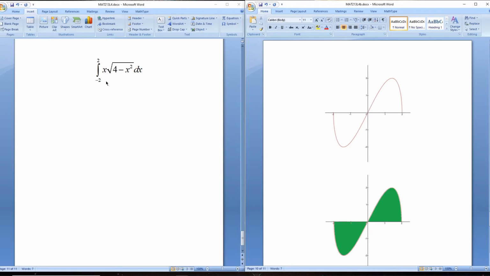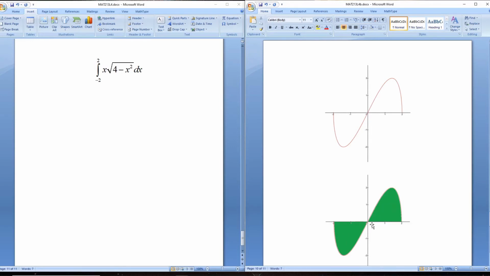And we're going to integrate this from minus 2 to 2. So you can see that means this green area here. So we're going to have negative area on the left, because that's all below the x-axis. And we'll have positive area on the right, because that's all above the x-axis.